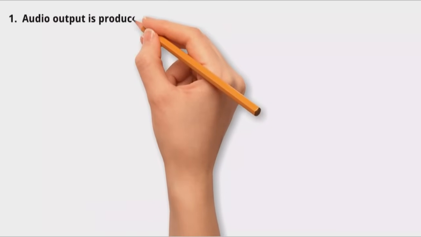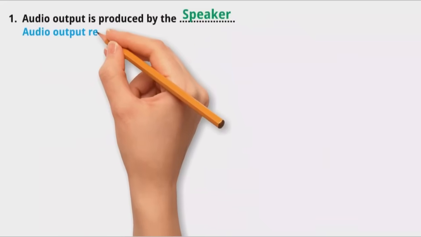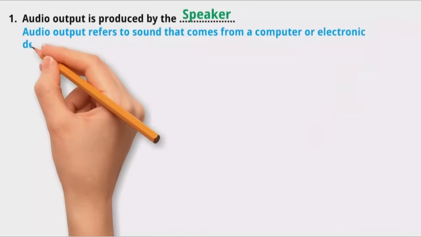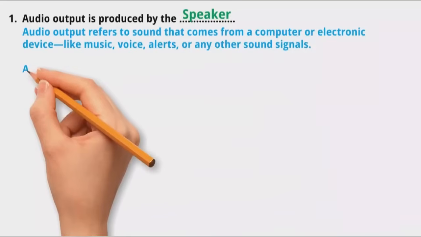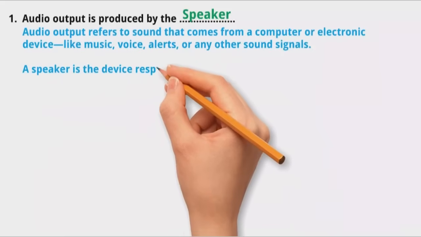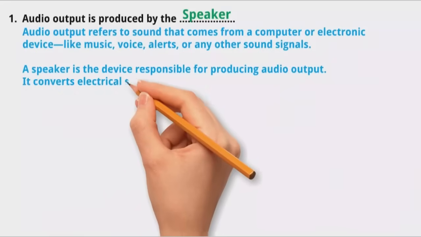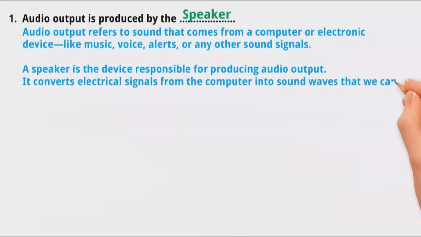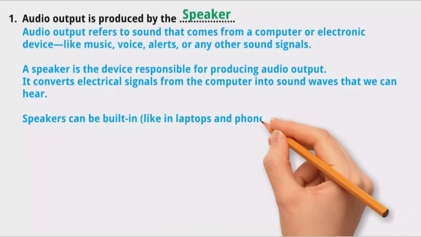Audio output is produced by the speaker. Audio output refers to sound that comes from a computer or electronic device, like music, voice, alerts, or any other sound signals. A speaker is the device responsible for producing audio output. It converts electrical signals from the computer into sound waves that we can hear.